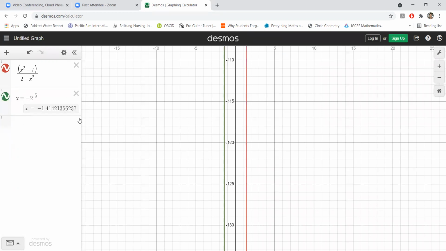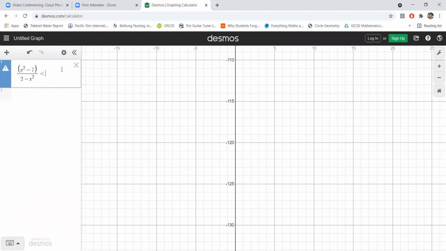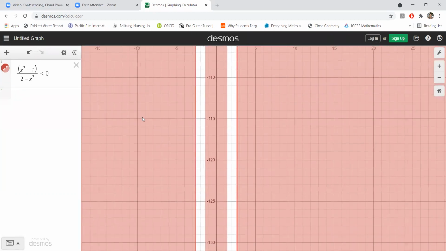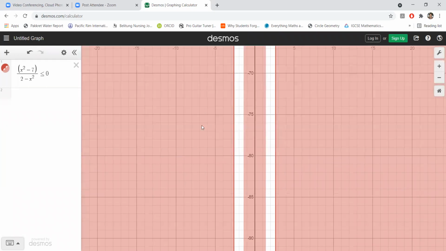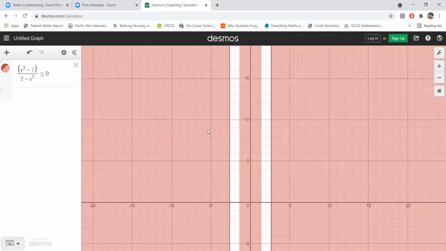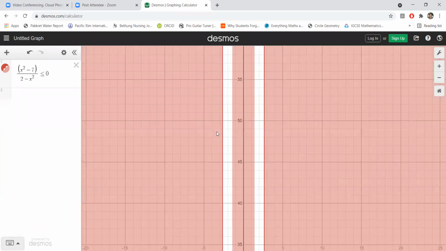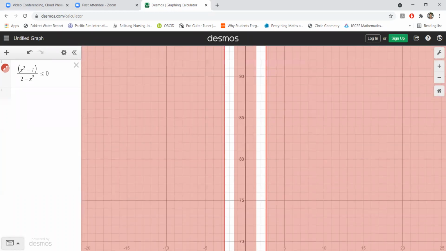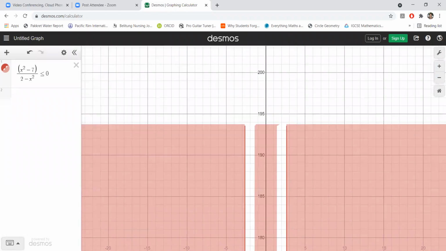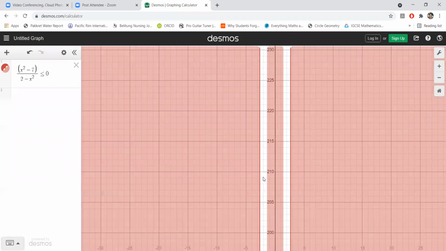What we could have done is done that as less than or equal to 0. There. So now it gives the solution. The colored bit is the solution. Let me go back. So if you want to do this in Desmos, you can type the question like I just did there.